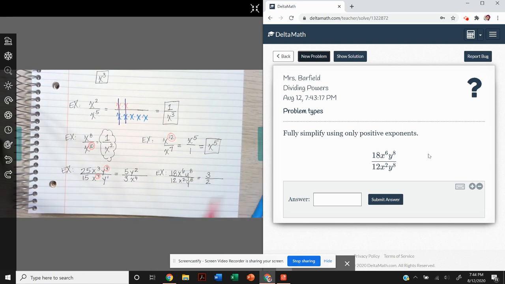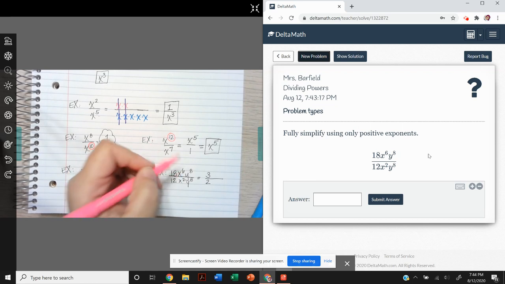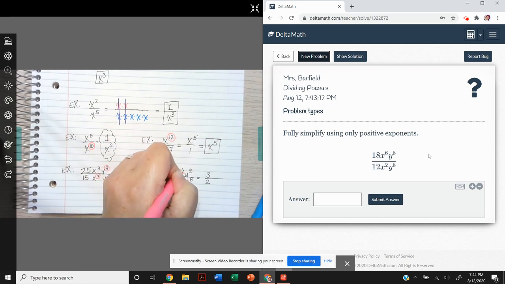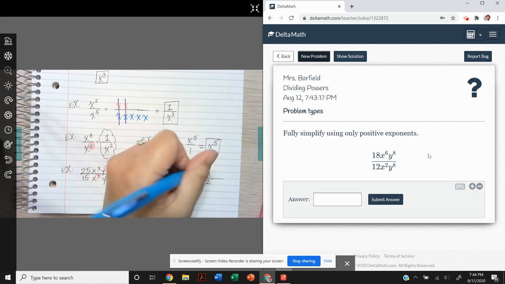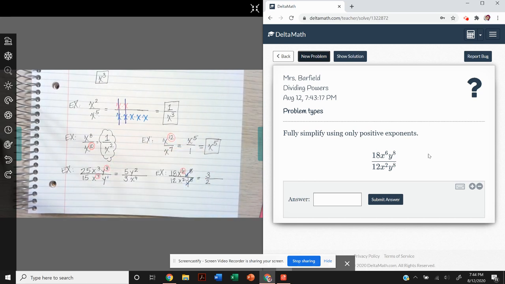Now I've got my x's, and my larger exponent is on the top. Now look here. My exponents are equal. So I have the same value on the top and the same value on the bottom. They eliminate. If you have the same variable with the same exponent, they eliminate.